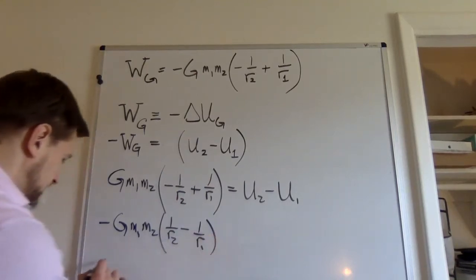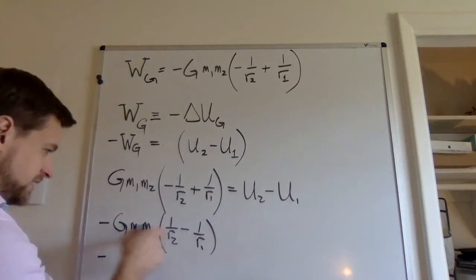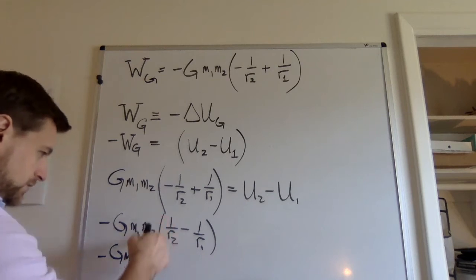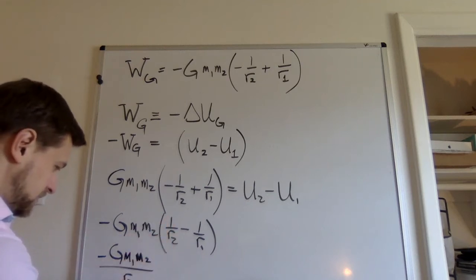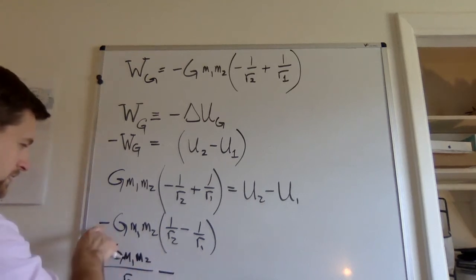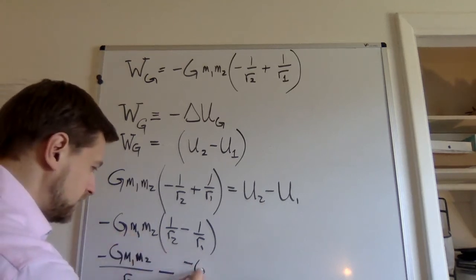So this looks like negative G, let's distribute, negative G M1 M2 over R2. I'm going to keep the minus sign and then rewrite the numerator.